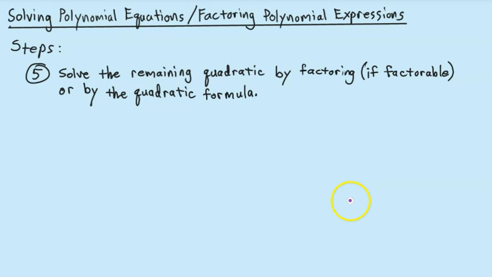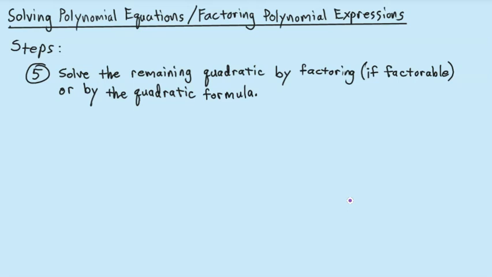All right, once you get to step 5, you now have a quadratic, and what we're going to do now is solve the remaining quadratic in one of 2 ways: either by factoring, if it is factorable, or if it's not factorable, then we're just going to use the quadratic formula.